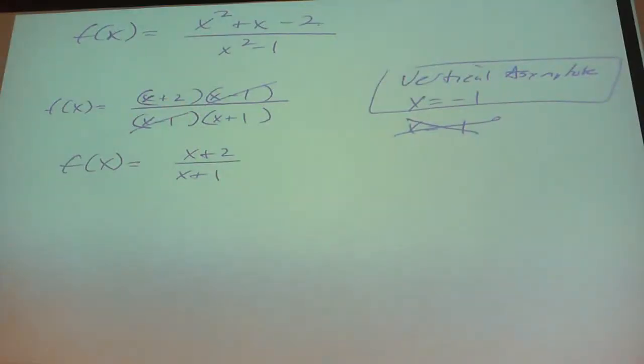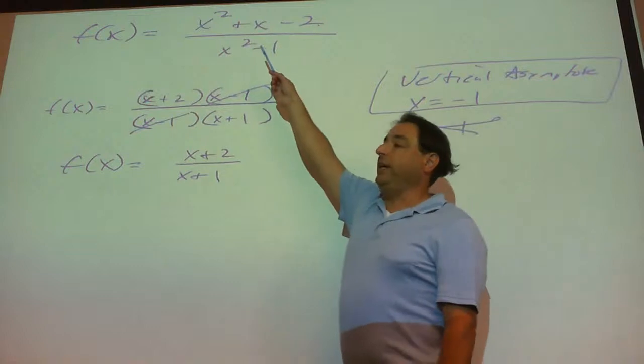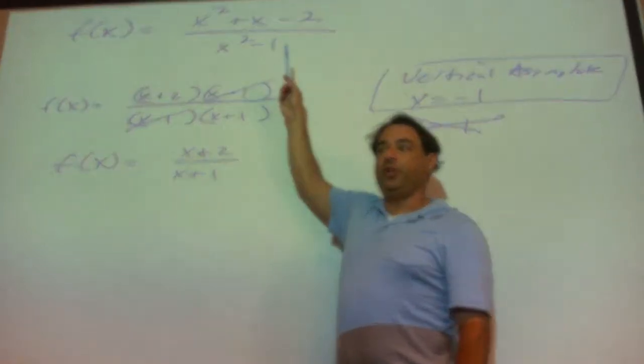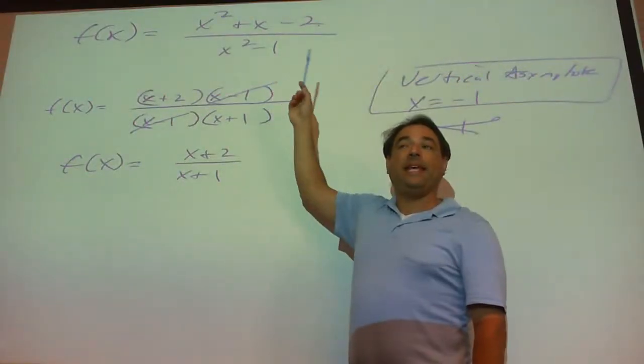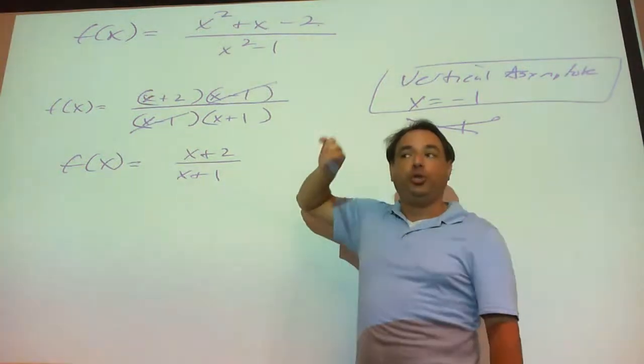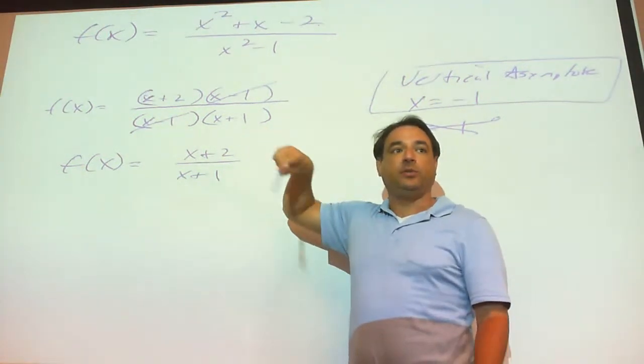Then, let's see who has a good memory. Do we have a horizontal asymptote? Why? So to figure out a horizontal, the degree of the numerator is 2, the degree of the denominator is 2. When they match, listen carefully, do you have a horizontal asymptote?